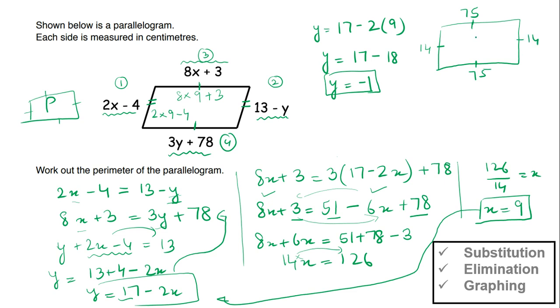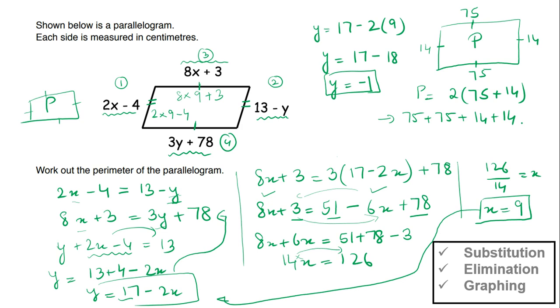Now if I have to find the perimeter of this parallelogram, it's going to be 2 times 75 plus 14. Or you can just write it down separately, saying 75 plus 75 plus 14 and a plus 14. Either way, it's the same thing. It's just a simpler version to write down the perimeter. 2 times the 75 plus 14, which gives you 178.